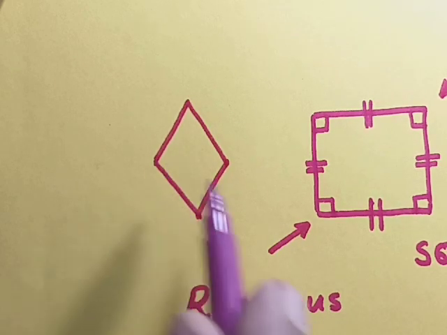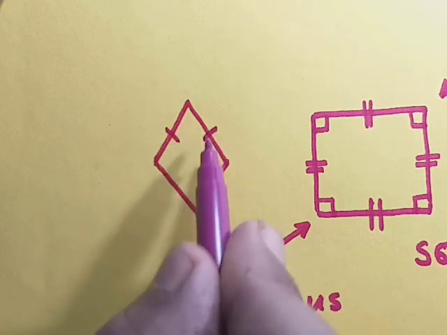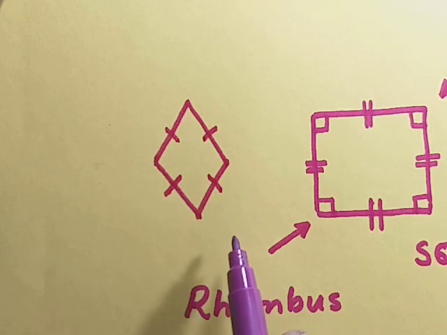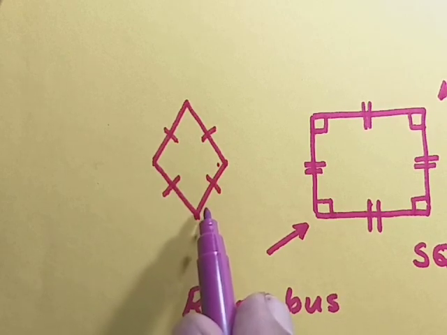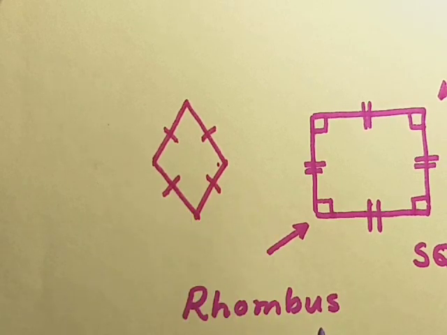Their sides are definitely equal. All these sides are equal. Whereas the angles are not 90 degrees, and hence it is called a rhombus.